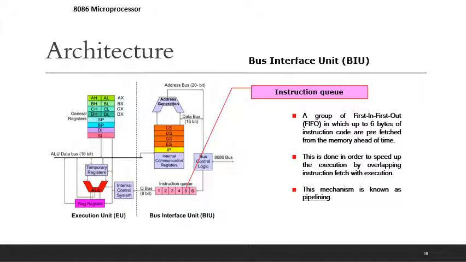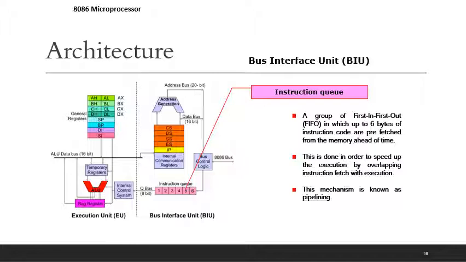The next block in the bus interface unit is the instruction queue. The bus interface unit uses a mechanism known as the instruction stream queue to implement a pipeline architecture. This queue permits prefetch of up to 6 bytes of instruction codes.